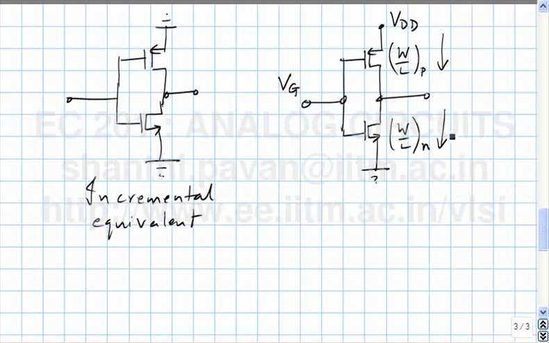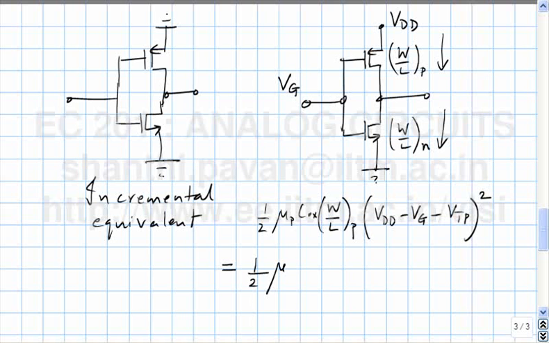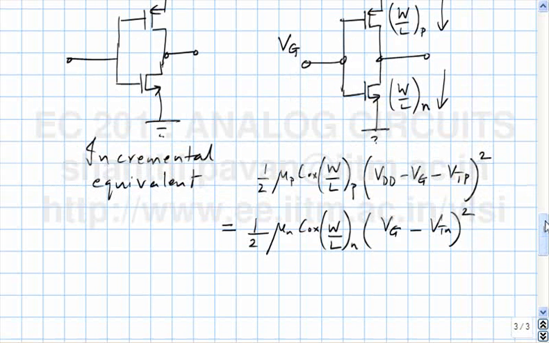I want to make them both operate in saturation, which basically means that 1/2 mu_P C_ox W/L of the PMOS device times (VDD minus VG minus VTP) squared must be the same as 1/2 mu_N C_ox W/L of the NMOS transistor times (VG minus VTN) squared. So solving this equation, you will be able to get the value of VG you need to apply.